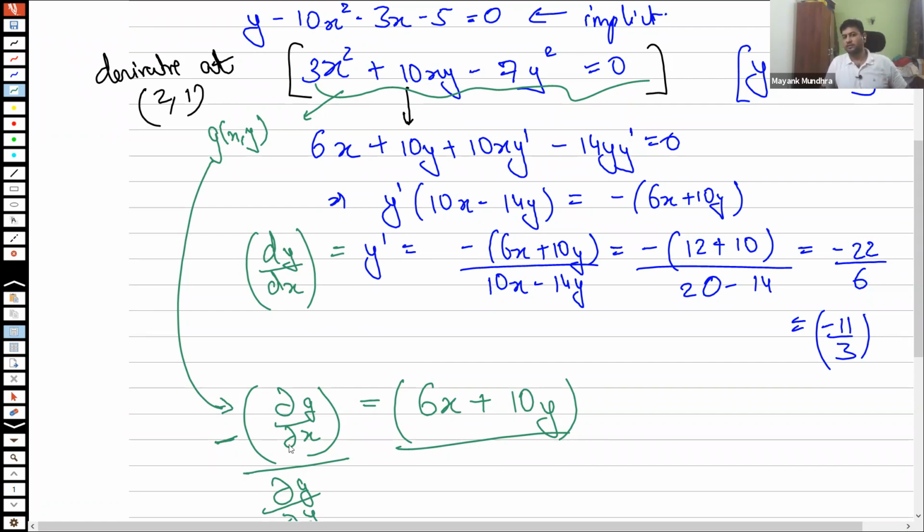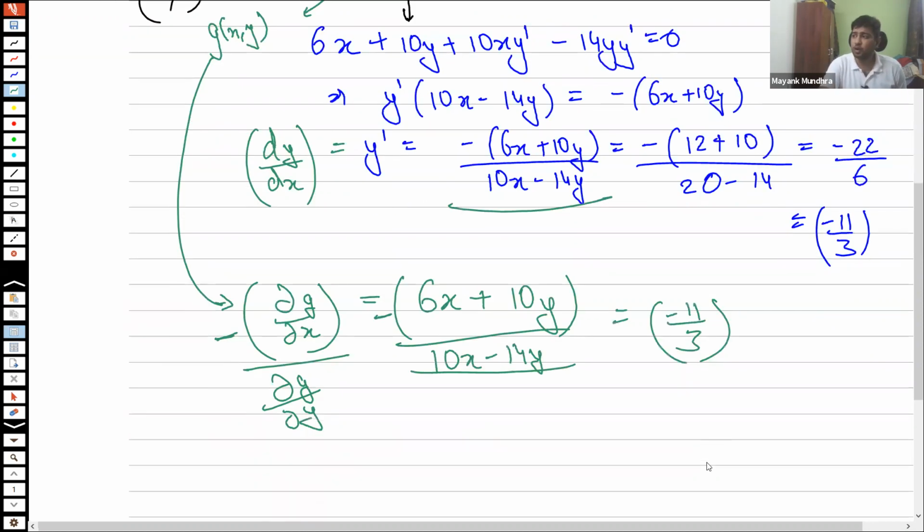So del g by del x is 6x plus 10y, and del g by del y, when you differentiate with respect to y, will give you 10x minus 14y. So you compare this and this, they are the same. If I put a negative sign here, they become the same. So you will again get minus 11 by 3.